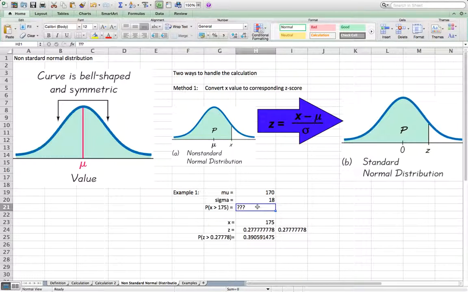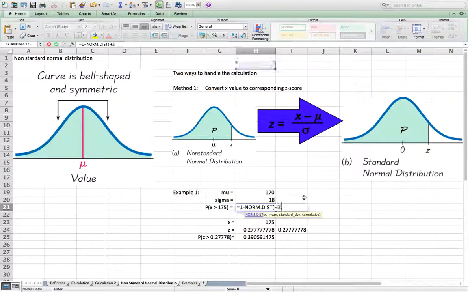This is one way. Actually, Excel provides another, easier way to do this. You do not need to do any conversion. You just use a different Excel formula: 1 minus NORM.DIST. Pay attention, this time you do not have the .S, which means it's not a standard normal distribution. Excel gives you a hint. You first give it the value X, in H23.